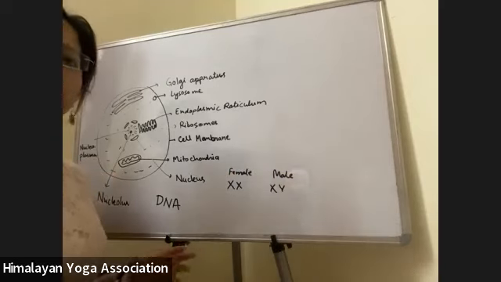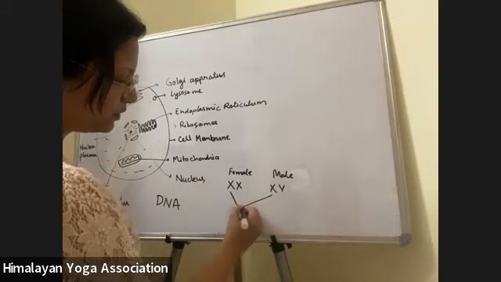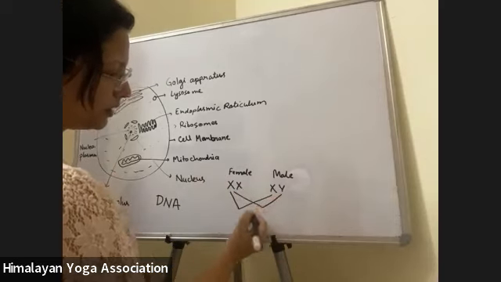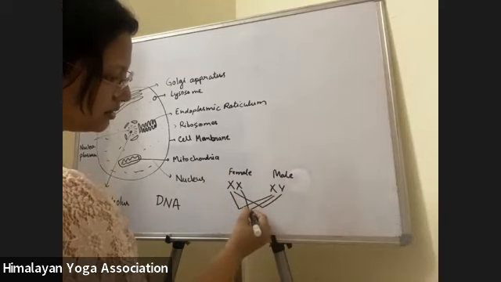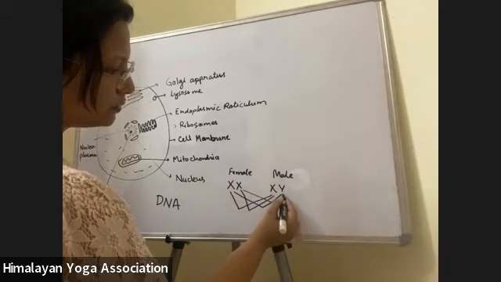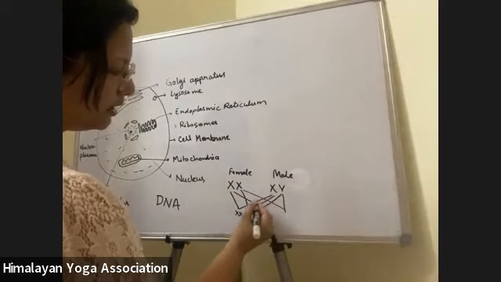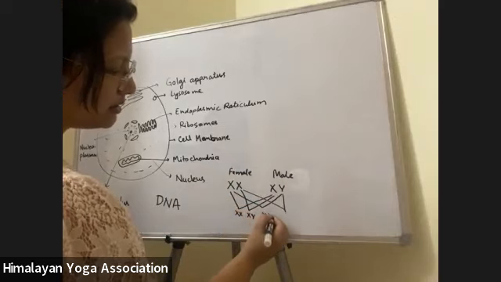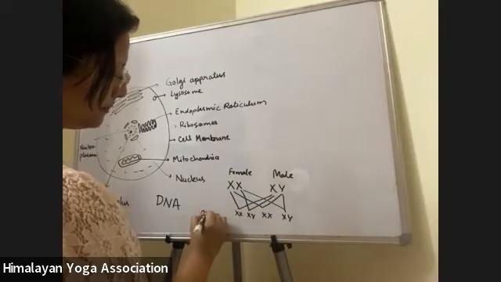So, what are the possibilities that this X will fuse with this X, or this X will fuse with this Y? So we have XX, we have XY, then again XX, and again XY. These are offspring.